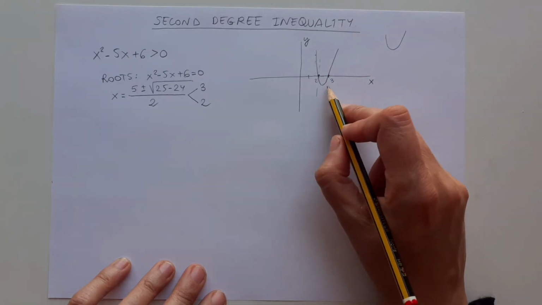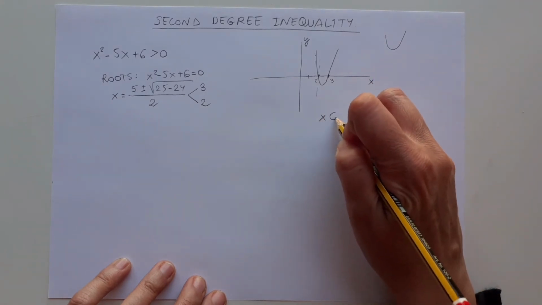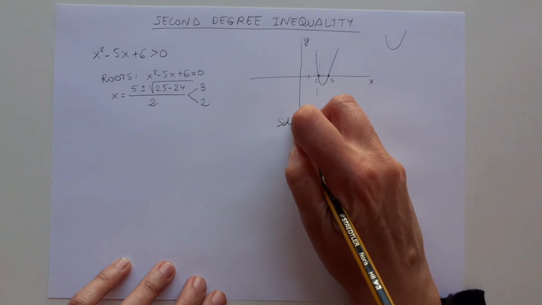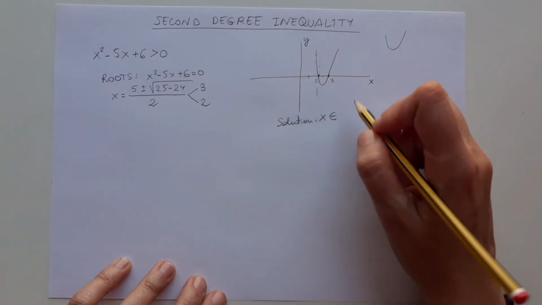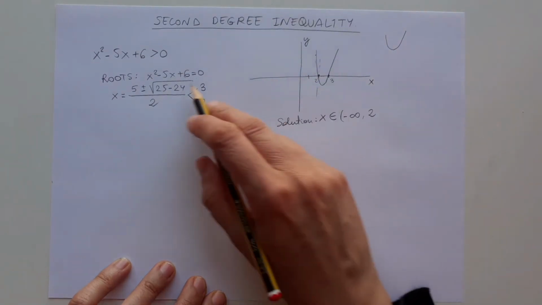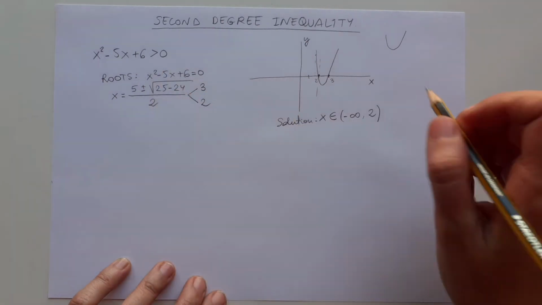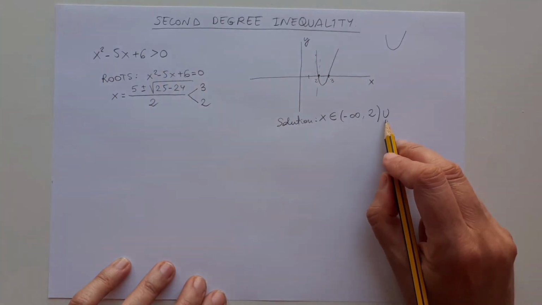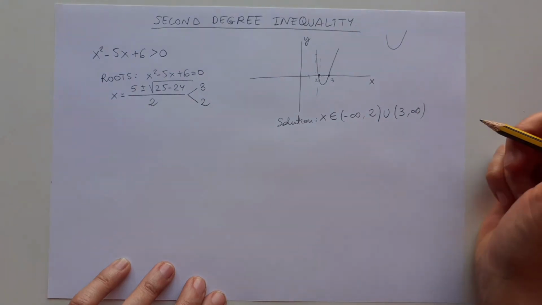Right, so now just looking at the graph, I know that my solution x will belong from negative infinity till 2, excluded because it cannot be equal to 0, plus the interval from 3 till infinity.